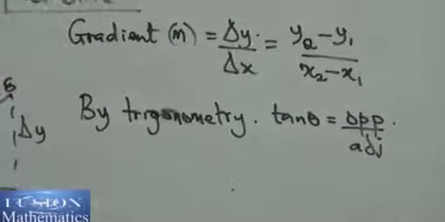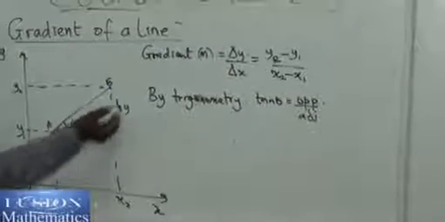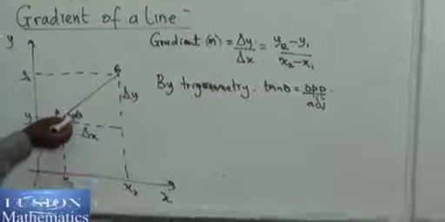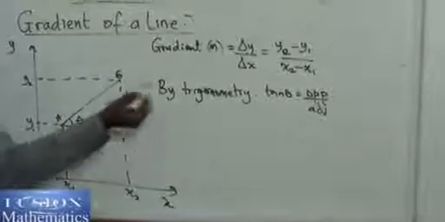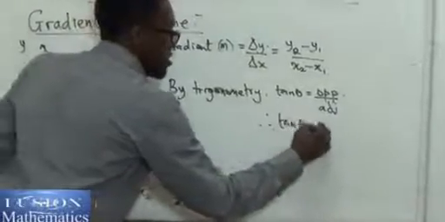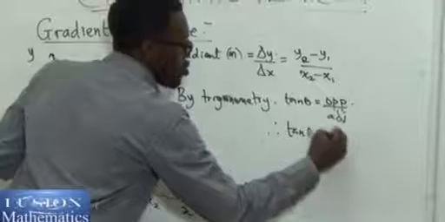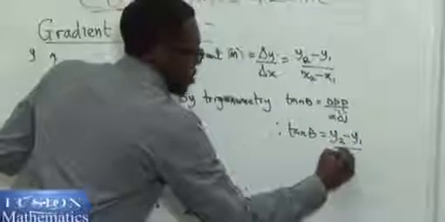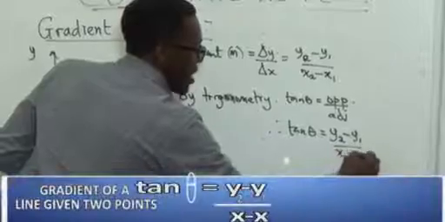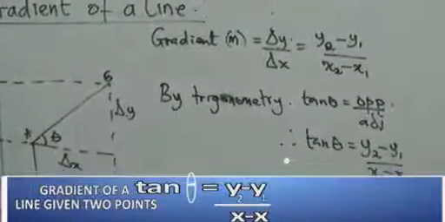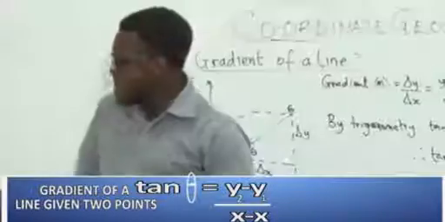Now for this theta, our opposite will be delta y and our adjacent will be delta x. So therefore, our tan theta is also equal to y2 minus y1 all over x2 minus x1. So this is how to find the gradient if you are given 2 points.